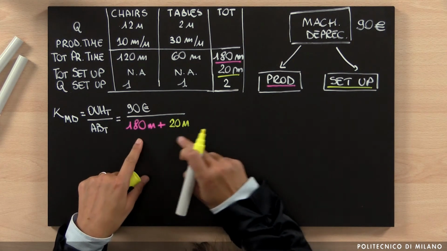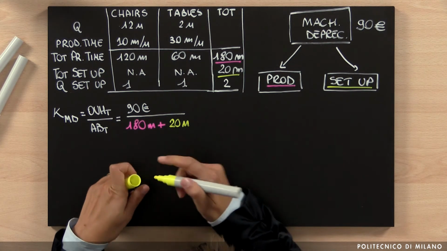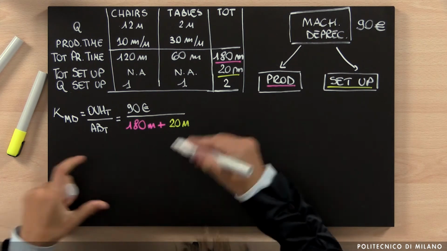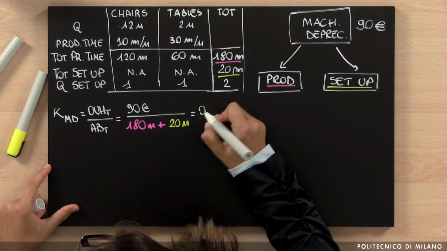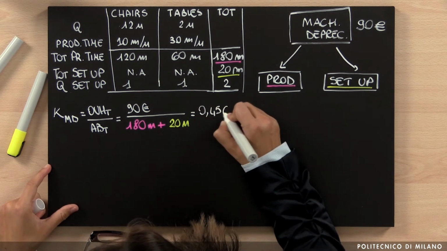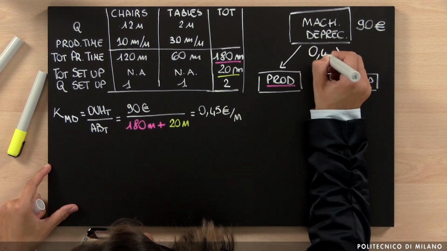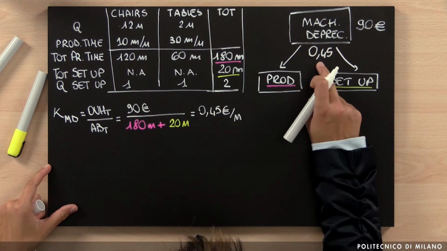So overall, the machine is used for 200 minutes. And we will have that K, so the allocation coefficient, will be 0.45 euros per each minute of usage of the machine. So this is 0.45, which is the allocation coefficient.